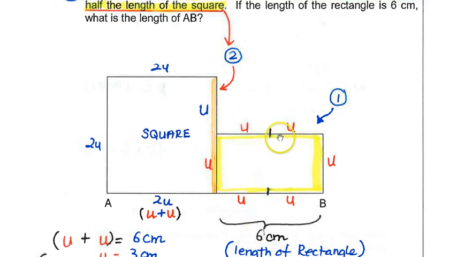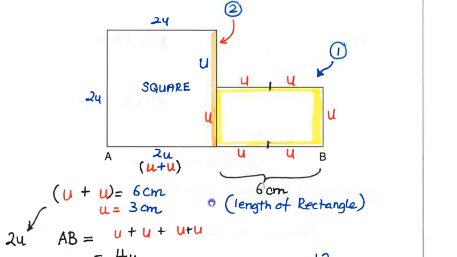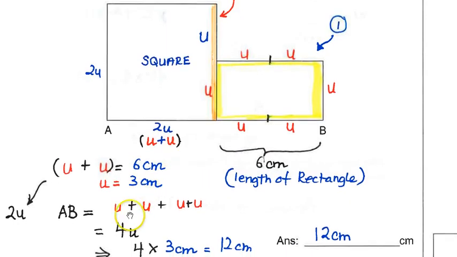But before that, let us take a look here. The length of the rectangle is 6 cm. Now 6 cm, we have 2 U's, 1, 2, which is here also. It means this is 6 cm. So to find AB is quite straightforward. 2U plus 2U.